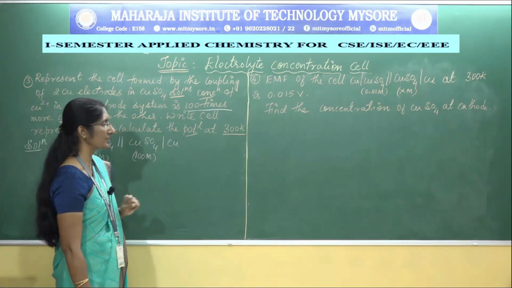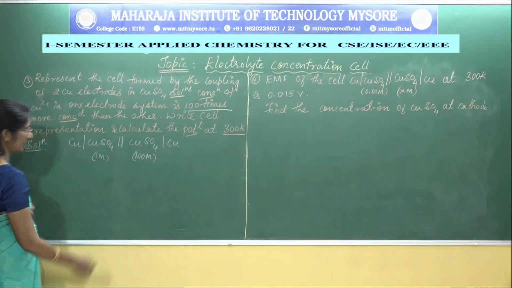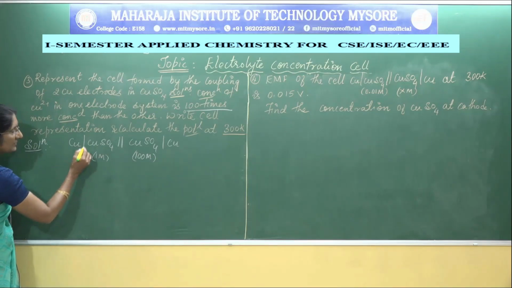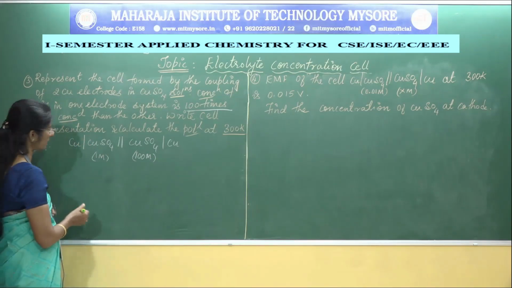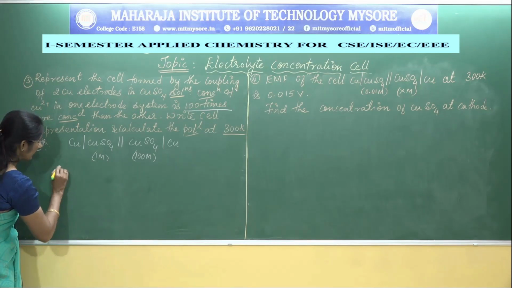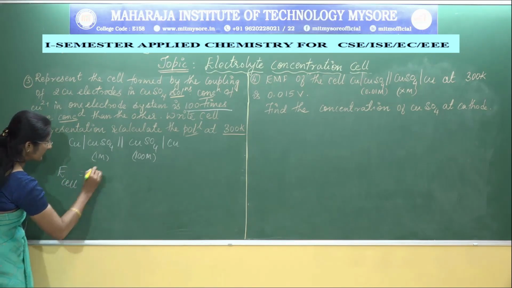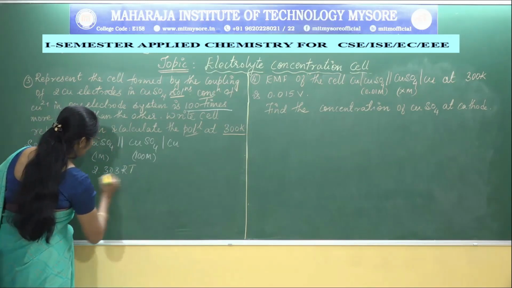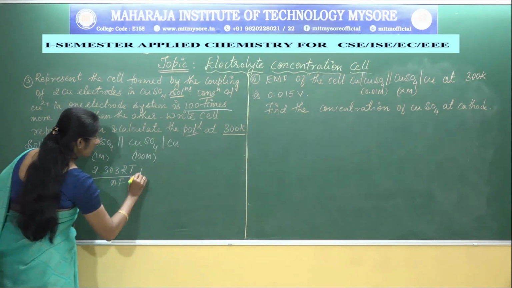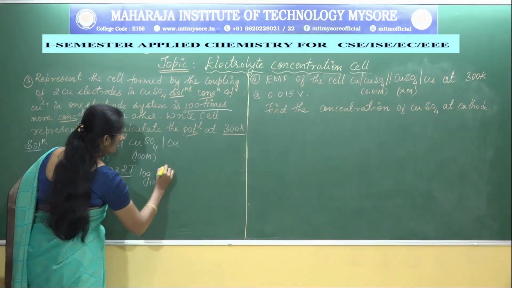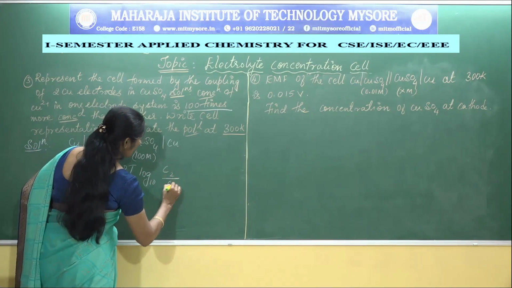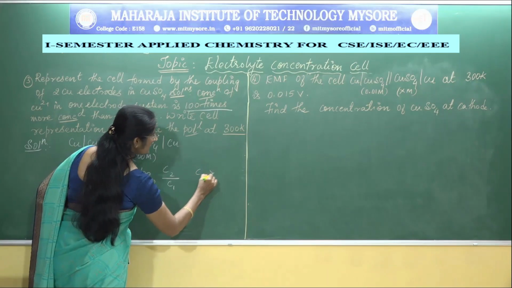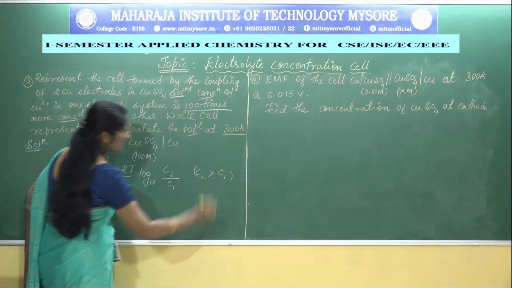Then we have to calculate the potential at 300 Kelvin. So what is the general representation for electrolyte concentration cell? It is E cell equals 2.303 RT divided by nF log base 10 of C2 divided by C1. C2 is always greater than C1.